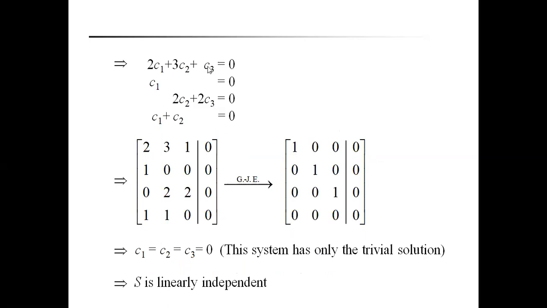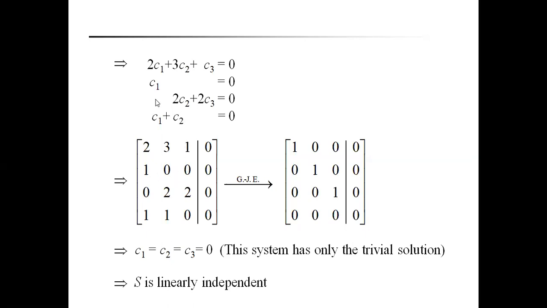Therefore, we can get the system of linear equations: 2C1 plus 3C2 plus C3 equal to 0. The second one: C1 plus 0 plus 0 equal to 0. The third: 2C2 plus 2C3 equal to 0. And C1 plus C2 equal to 0. Now write in matrix form. 2, 3, 1 is the first row. In the second row only C1 is there, and the other two constants are taken as 0: 1, 0, 0.